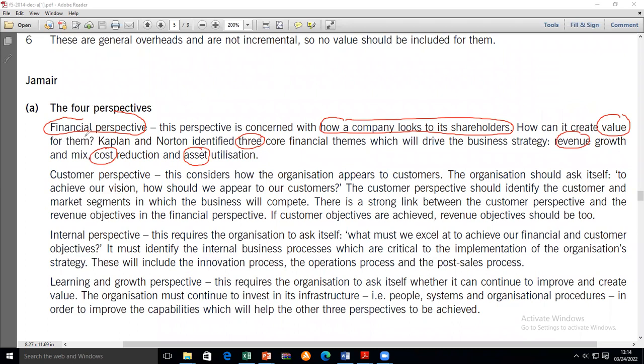So if we're going to write about the financial perspective, these are the 3 things we must talk about. We need to monitor the revenues of the organization, very important. We need to monitor the cost of the organization, and also the asset utilization.